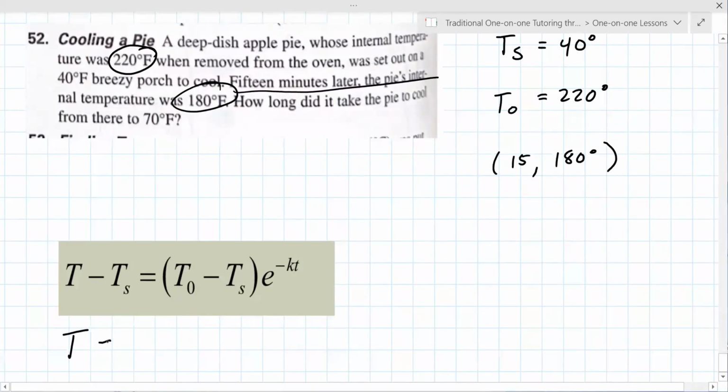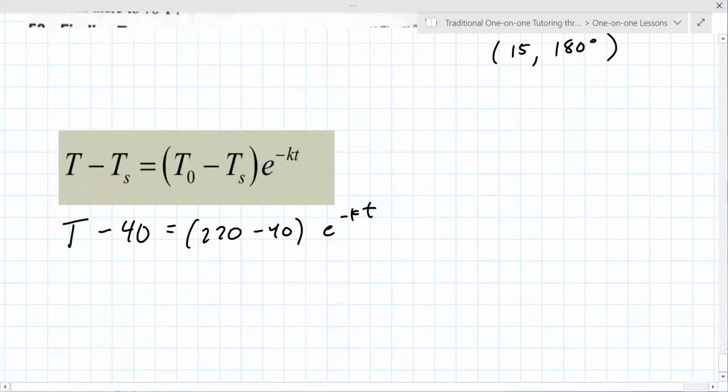So T minus 40 equals 220 minus 40 e to the minus kt. So T minus 40 equals 180 e to the minus kt. Then you use this data point, where that's t and that's big T, to solve for k.